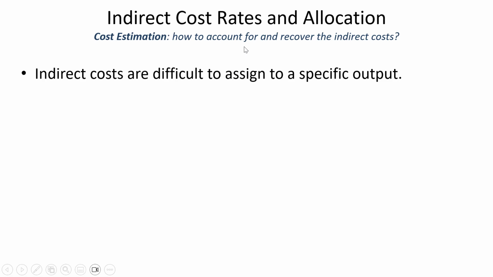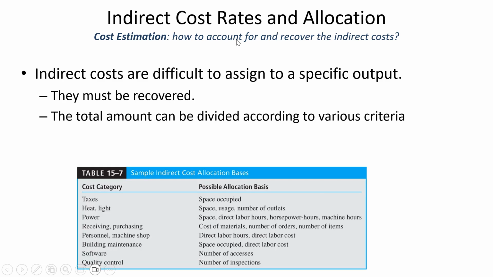So it has to be allocated to some sort of a cost so it can be passed through to the end consumer.